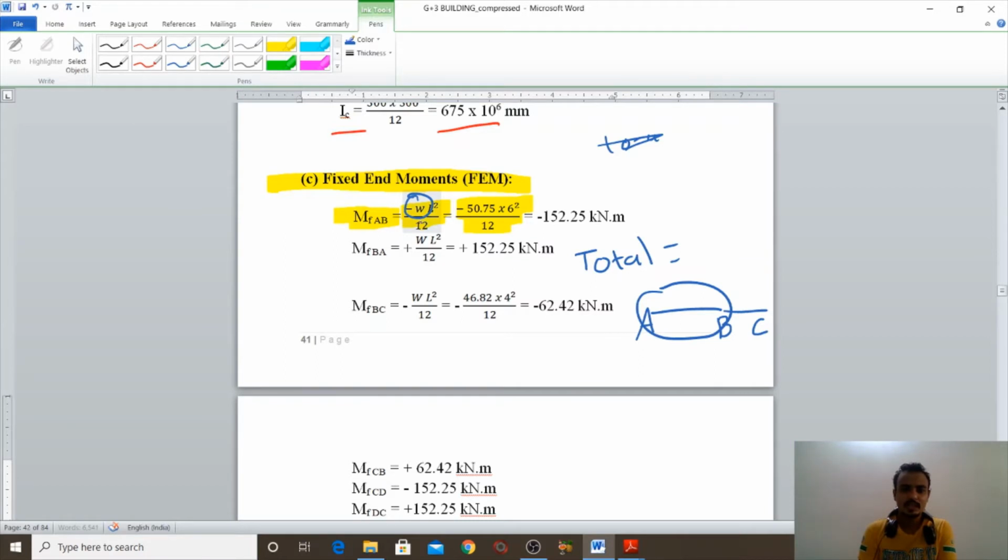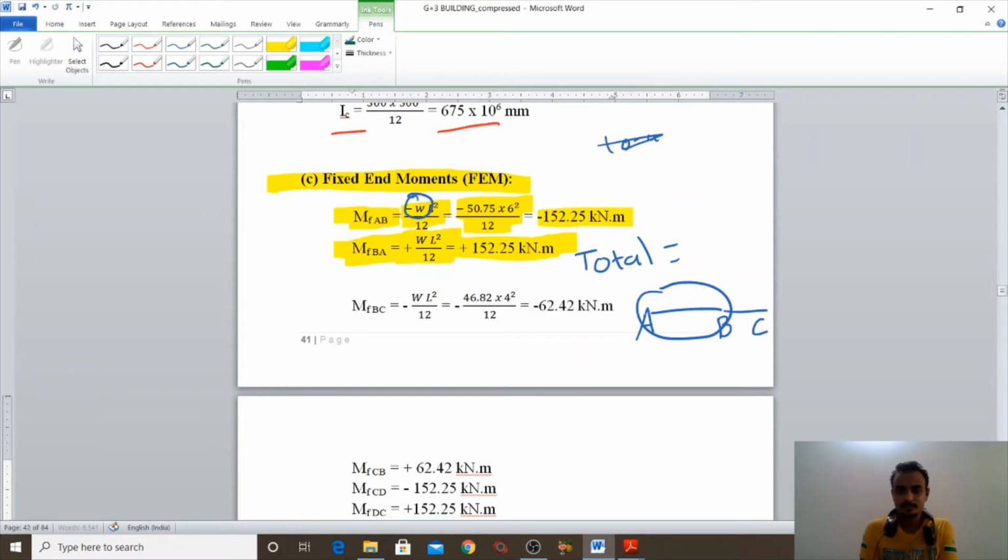So for WL square by 12 we got a fixed end moment of minus 152.25 kilonewton meter. Then MFBA, fixed end moment at BA member, equation same, WL square by 12, plus 152.25.